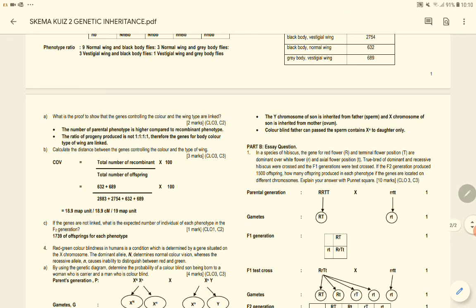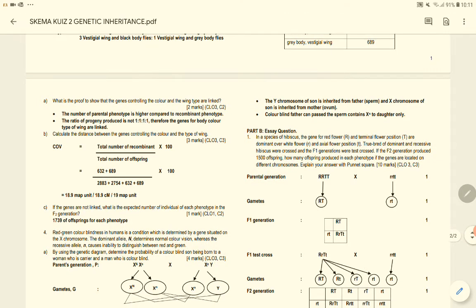So the Y chromosome of the son is inherited from the father, and the X chromosome of the son is inherited from the mother. So a colorblind father can only pass the X small n sperm to his daughter only.